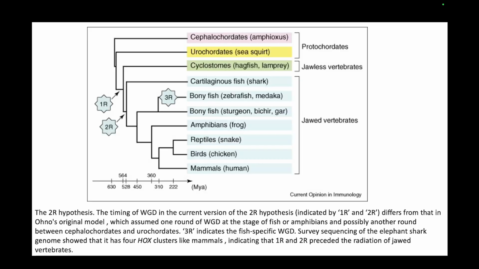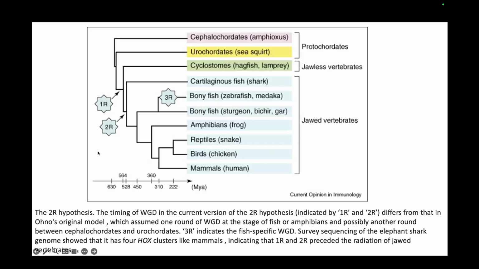So there's this person called Ohno. He hypothesized that at a certain point in evolutionary history, the genomes got duplicated. So it happened twice. It got duplicated, and through whole genome duplication, as we talked about, new species can be formed.